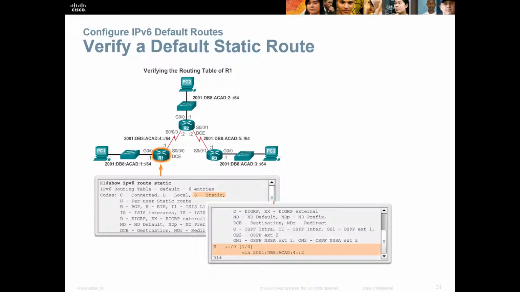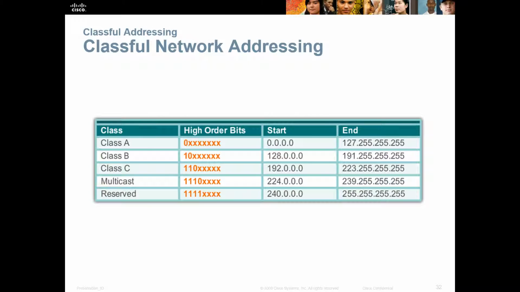So let's go back a little bit to our IPv4 fundamentals. Let's talk about classful network addresses. Classful: class A, B, C, our multicast, and our reserved. So our class A, the leading bit will always be 0. The class B, 10, class C, 110, and so forth.